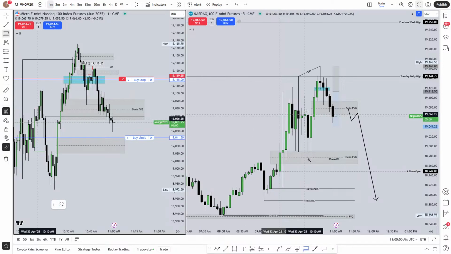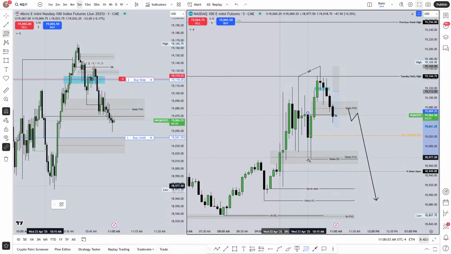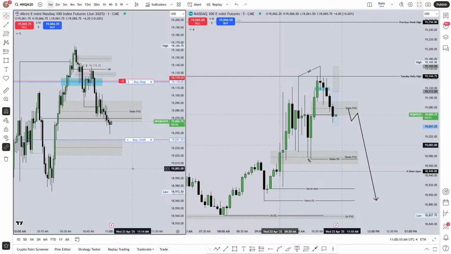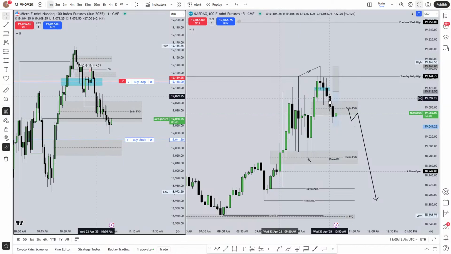I want to find the midpoint of that. I like that close, so the midpoint's all the way down there. On the body, it's right there. So I still think this is in play. We have a 5 minute unfilled right here.